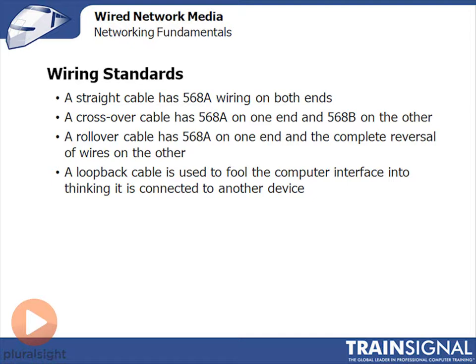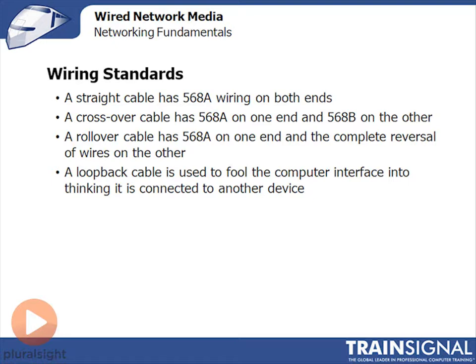The problem is, what happens when you plug in a straight cable? You plug in one end to a computer and you plug in the other end to another computer. Well, the problem is that the computer thinks it's supposed to transmit on a certain wire, and when it gets to the other computer, well, it thinks it's supposed to be transmitting on the wire that data is coming in on, right? Because both computers are going to think transmit on the same wire.